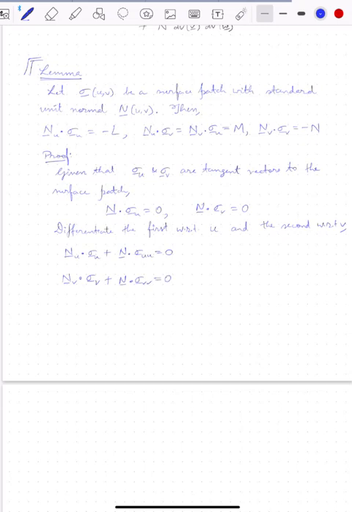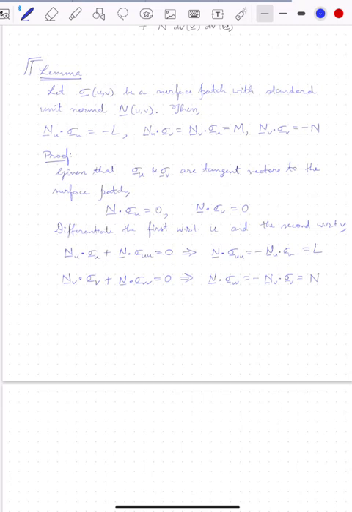So from here, n dot sigma_uu is equal to minus n_u dot sigma_u, and n dot sigma_uu is what we have as L. Likewise, n dot sigma_vv is equal to minus n_v dot sigma_v, which is n.